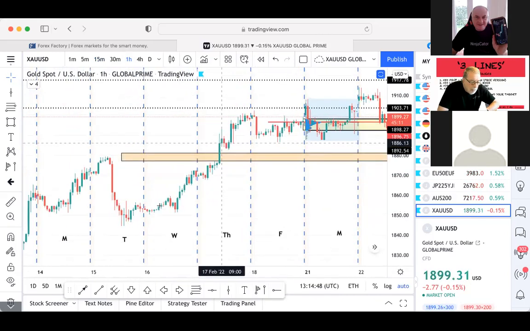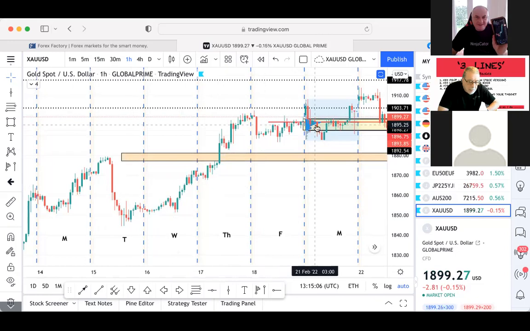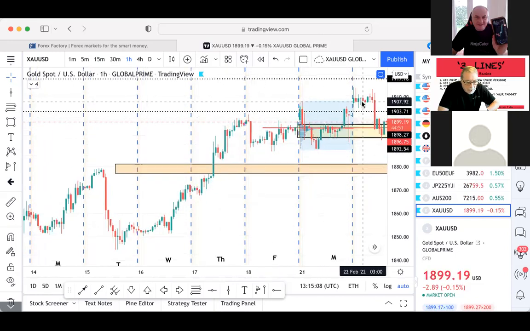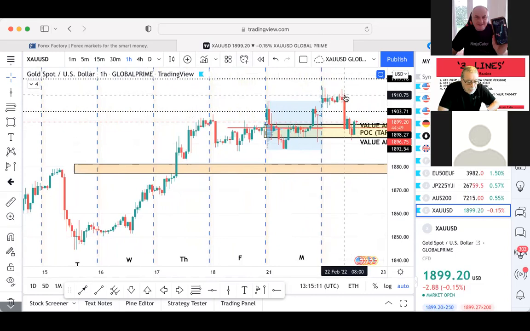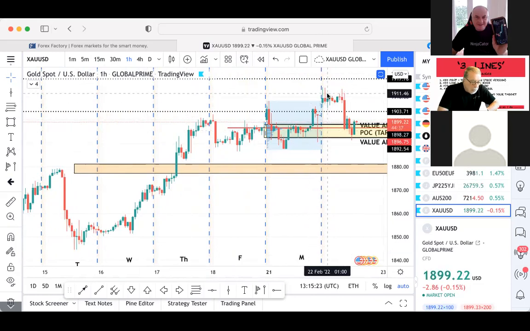I would look back over the last few days, and the first thing that strikes me about this is that price went down to this low here last Tuesday, and ever since then, it's been in a steady increase. It's been rising up until this morning at 8 o'clock when it started to reverse a little bit.